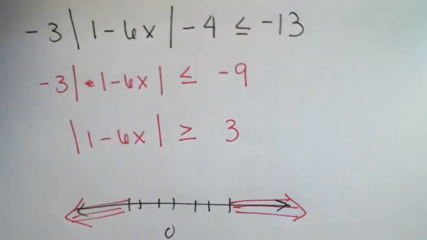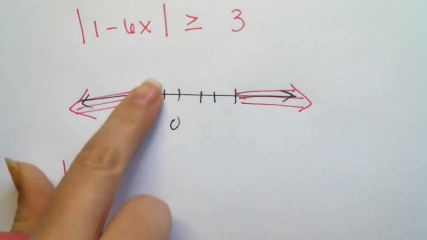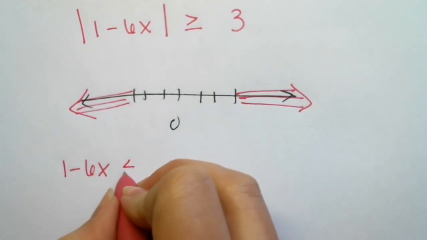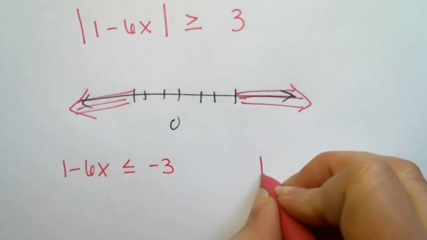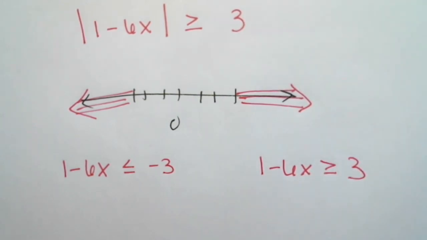So this would tell me that the number I'm interested in, which again, we're thinking about as one thing, is less than or equal to negative 3, or that thing is greater than or equal to 3. Now I'm going to solve this.